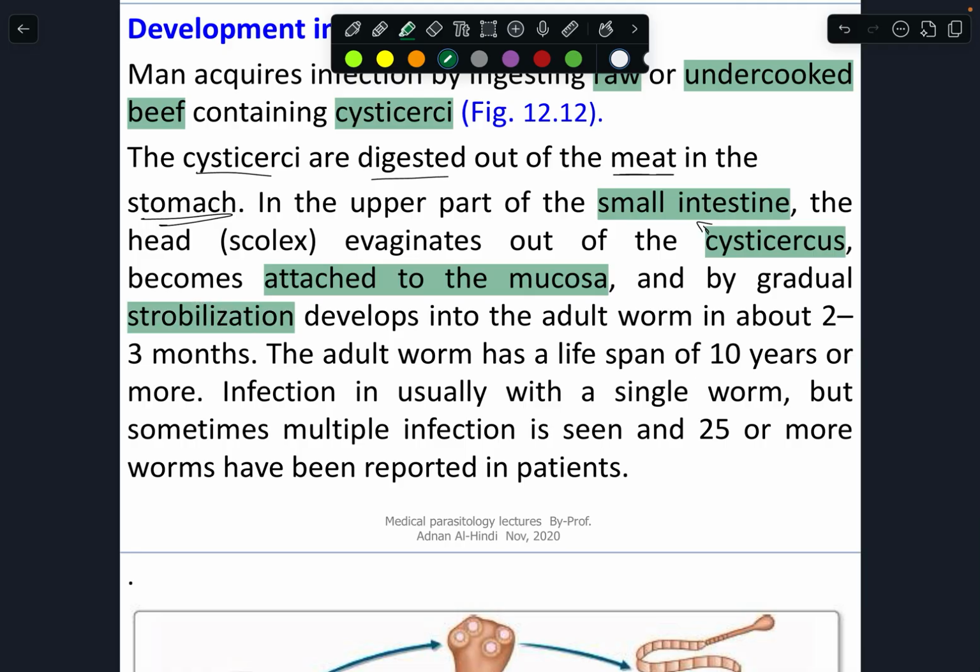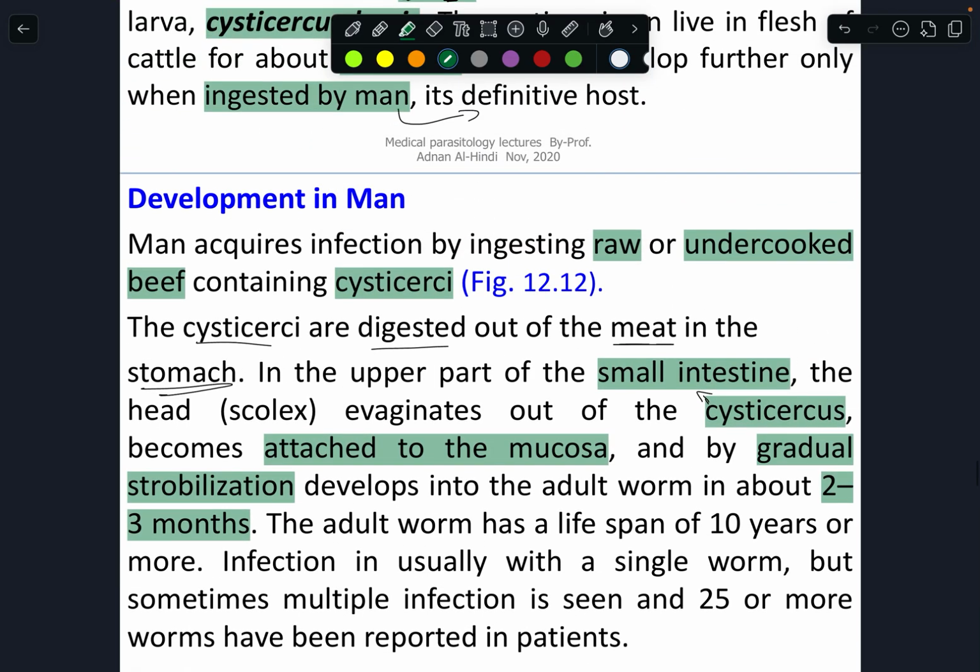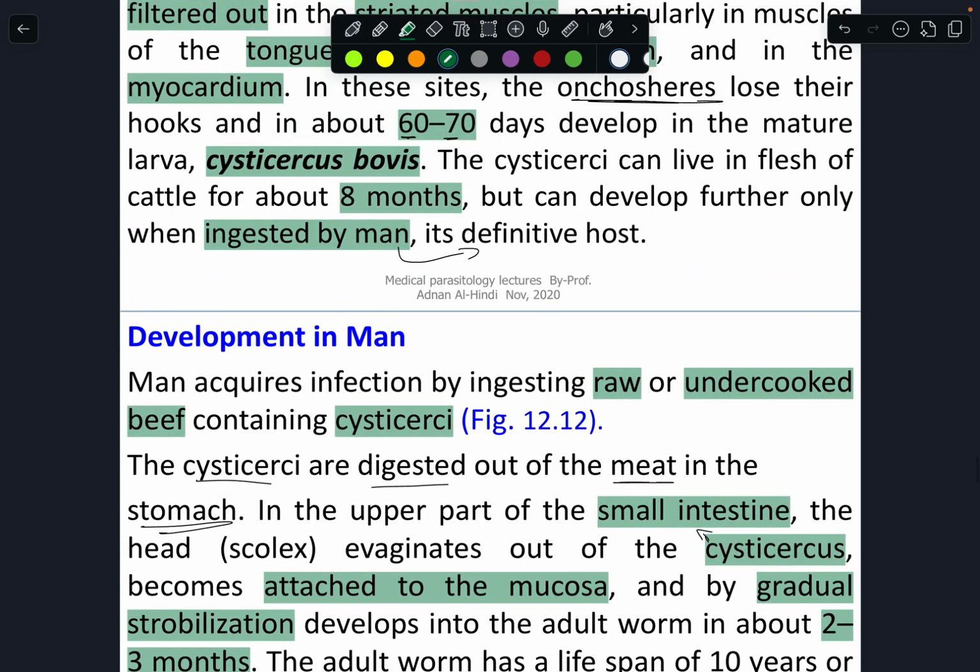By gradual strobilization, it develops into the adult worm in about 2 to 3 months. So it can stay 8 months as a cysticercus.